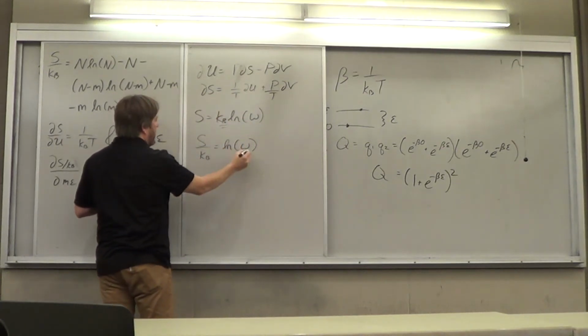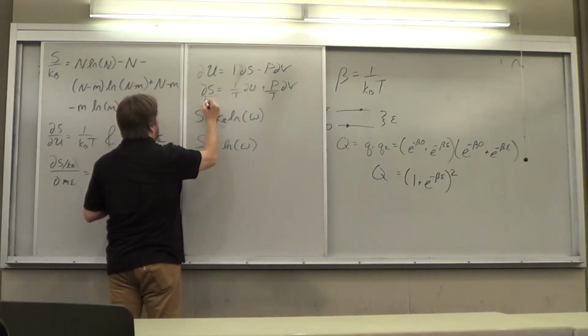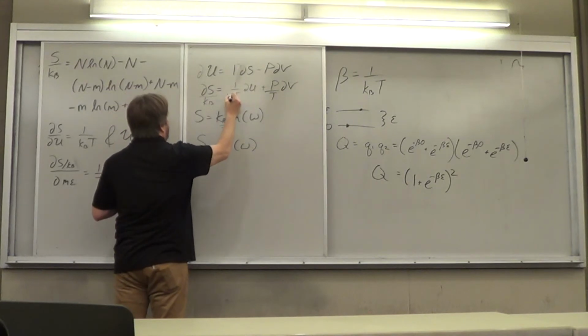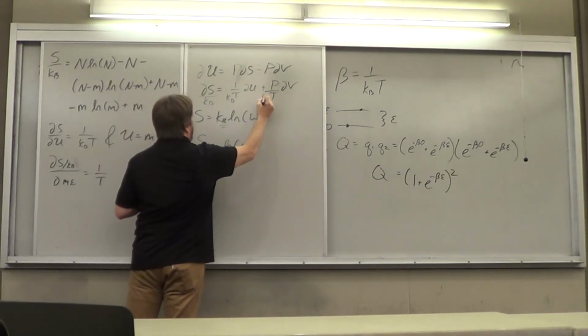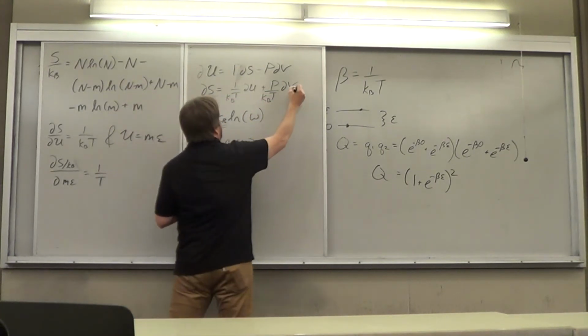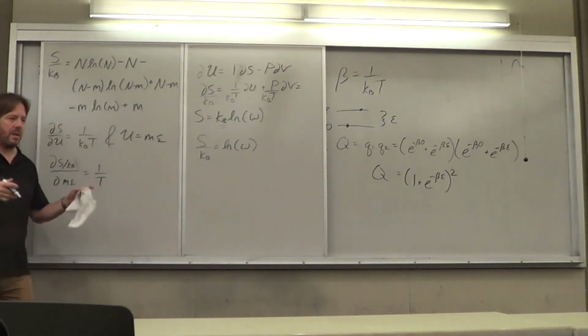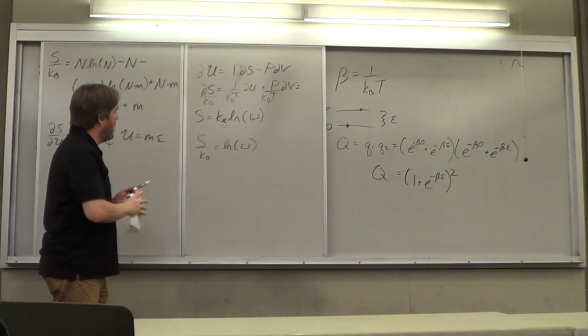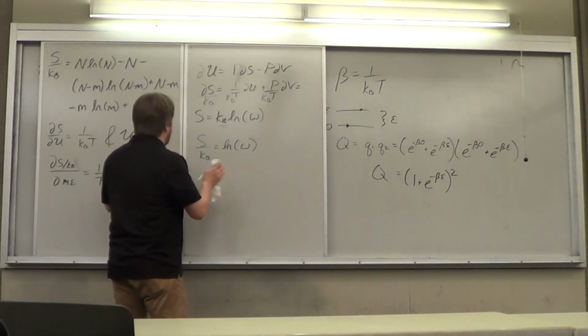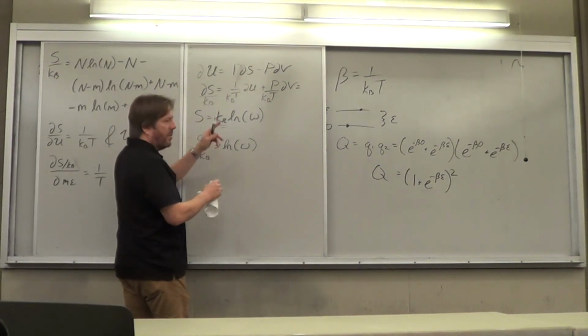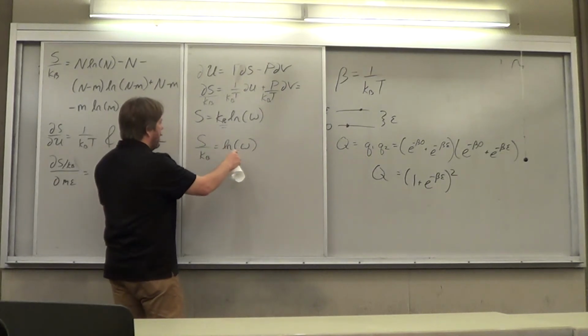Now, again, because of the Boltzmann formula, we just always divide by kB throughout. And S over kB is equal to the natural log of the number of microstates. So anyway, that's why we do that. So it's impossible for me to be doing anything with S and not dividing by kB.